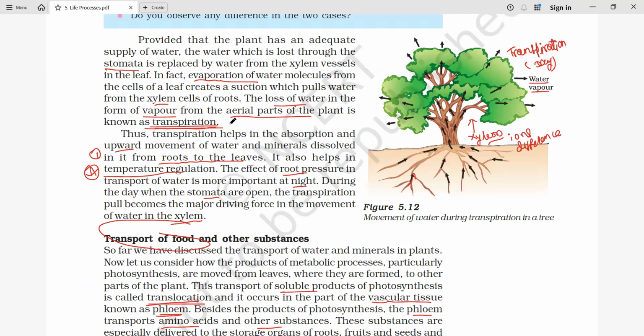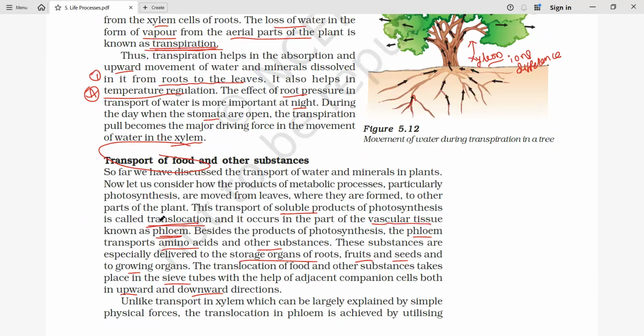The process when the plant loses its water in the form of vapor. Whereas translocation means locating in different places the food which was prepared during the photosynthesis. Okay. And apart from this, phloem helps in the transport of amino acids also.